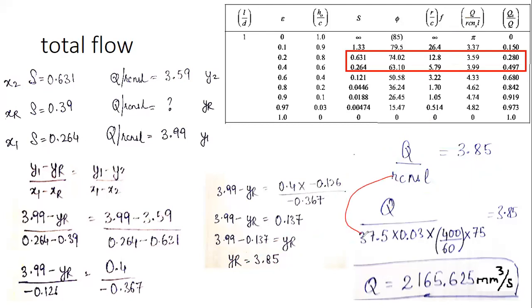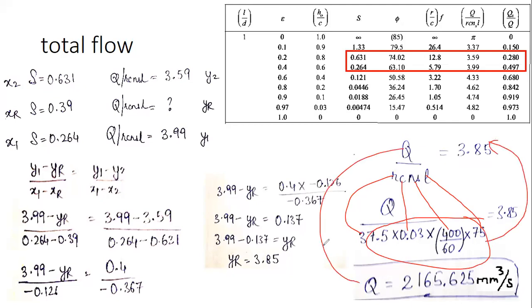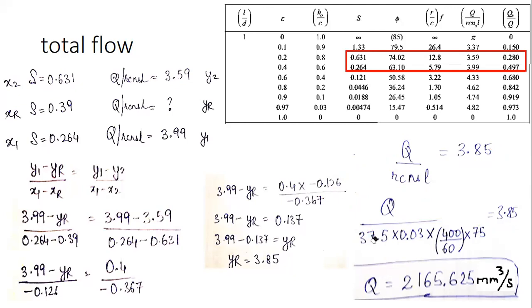I have the value of R, the clearance, the revolutions per second, and the bearing length. Simply all this will go and multiply over here with 3.85. I'll get total flow as 2165.625 mm³ per second. Sometimes they tell us to find out in liters per minute. So you'll have to do the proper conversion of units. Such numericals you have also solved before. You can find out.